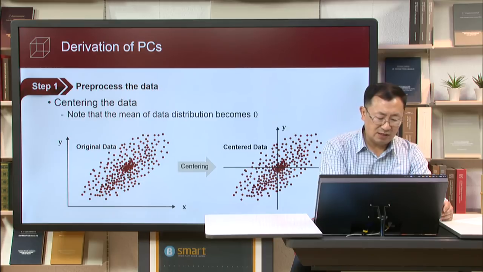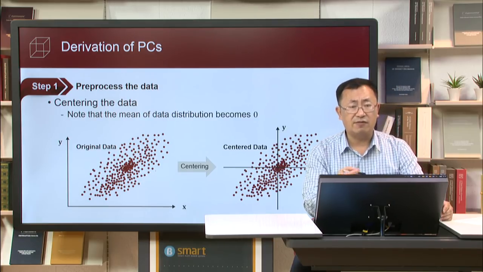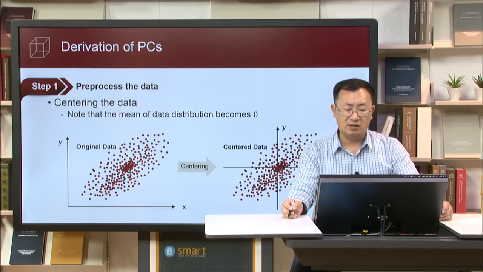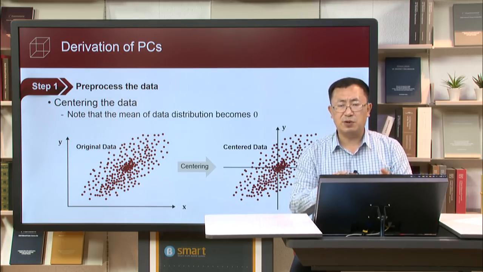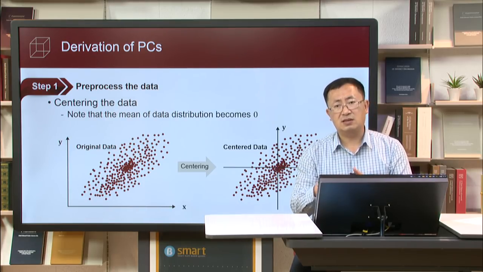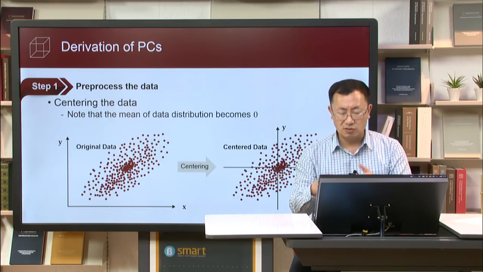So we have this type of data, and after centering, the mean of the data distribution becomes 0. That makes the mathematical expression much easier, and also makes the calculation easier.